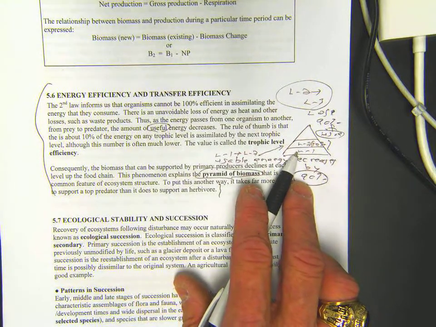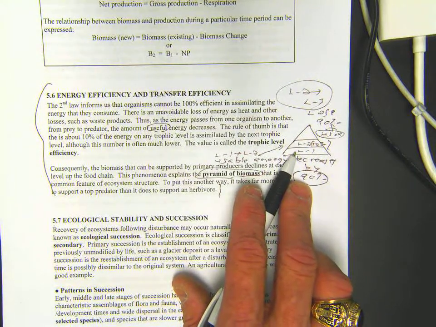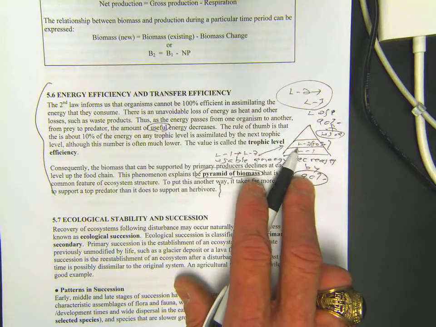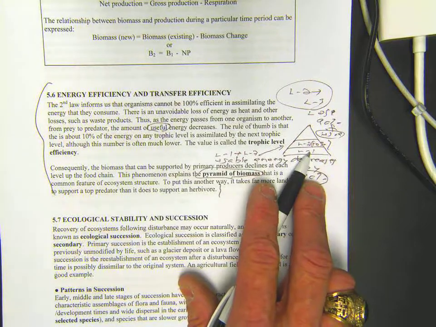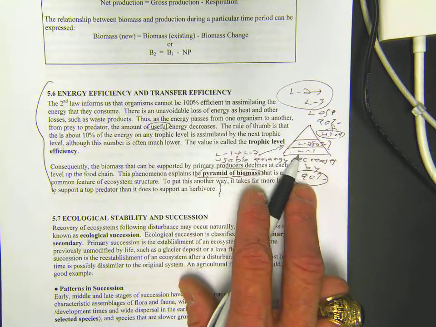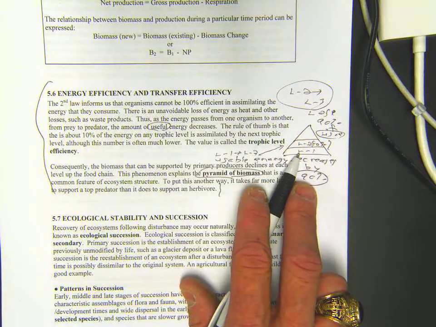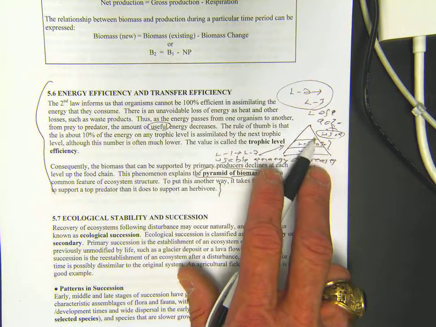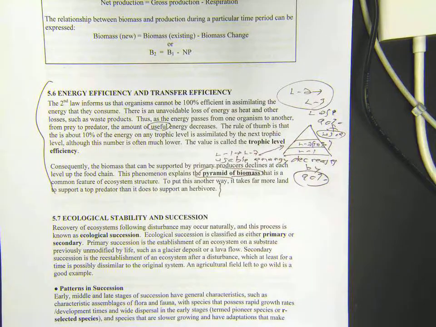They're only eating herbs, so they're basically eating the green plants. There's going to be more food available for the herbivore, whereas the predator up top is going to have less food available, which explains why there are not too many apex predators. All right, take a look at this.